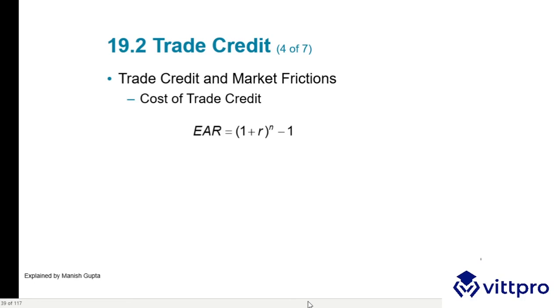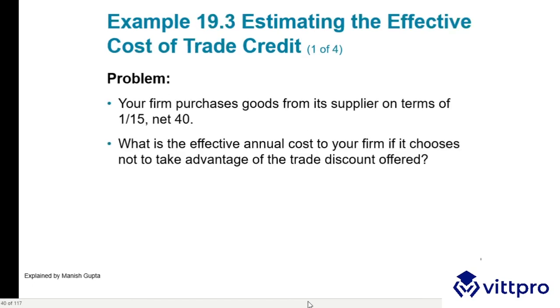Now this 2% discount that you gave has an annual cost, correct? Remember the EAR formula, the effective annual rate. Your firm purchased goods from its supplier on a credit term of 1/15 net 40. What is the annual cost to your firm if you choose not to take advantage of the trade discount offered? You say you don't want the 1% discount; you will pay in 40 days.